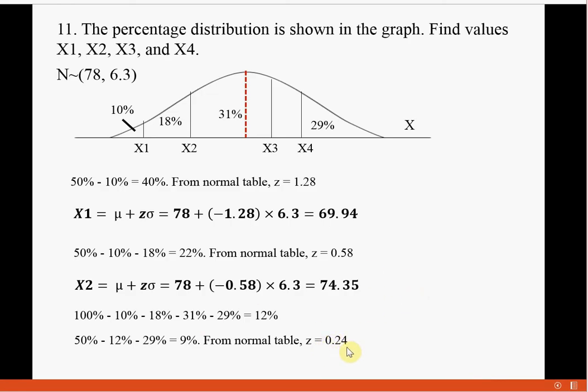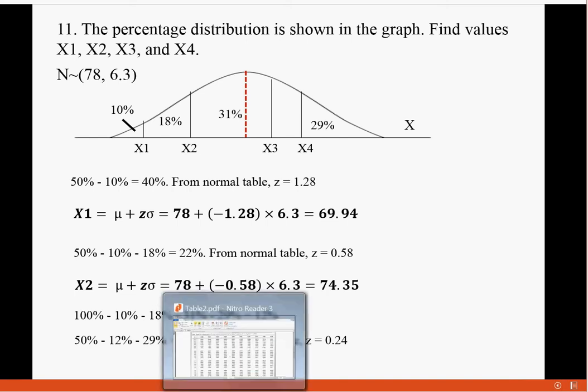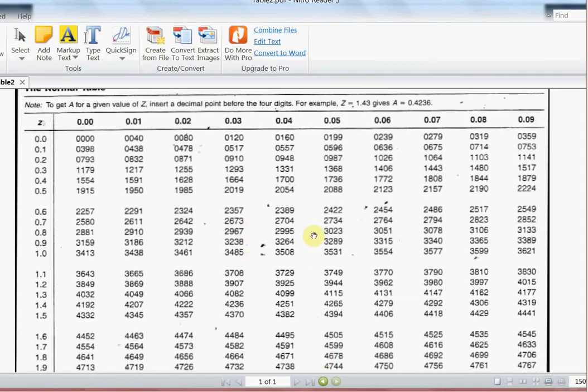Well, I said 0.24. Let me go back to the table. Okay, let me see.